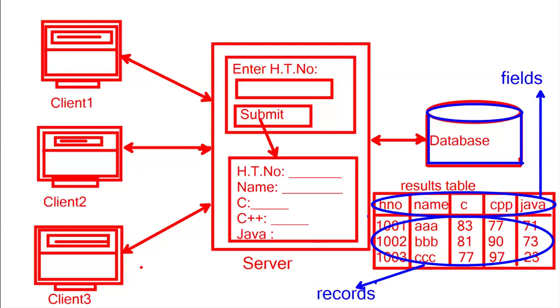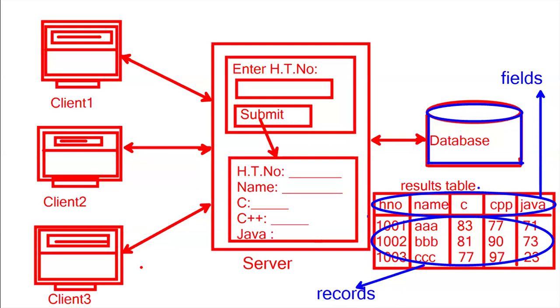So a database contains data, well organized in the form of tables. A table contains fields and records. These are called fields, these are called records. Hundreds of fields and thousands of records will be there.